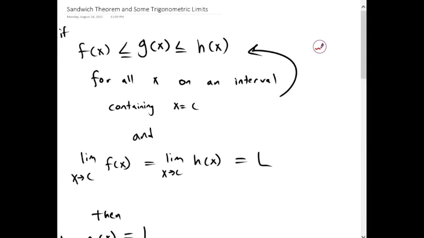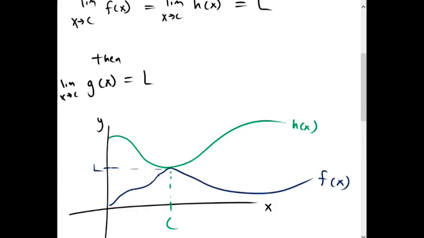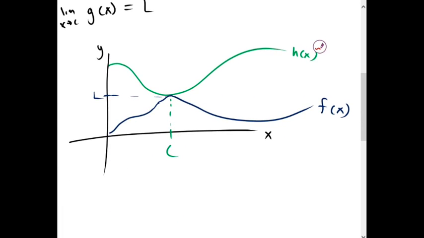It's less than h of x and greater than f of x. Then we know that it has to go through that point as well. So, pretty intuitive. That's all there really is to it.